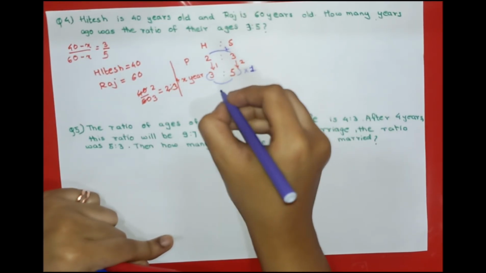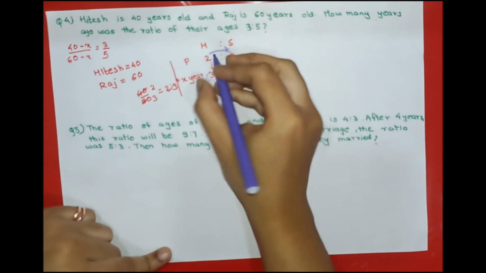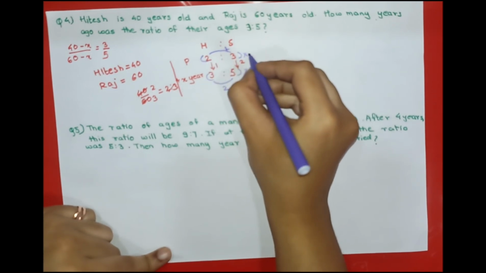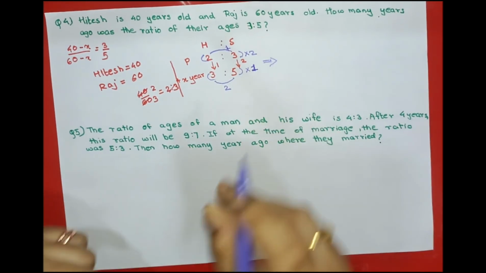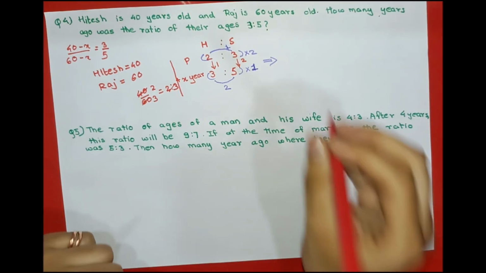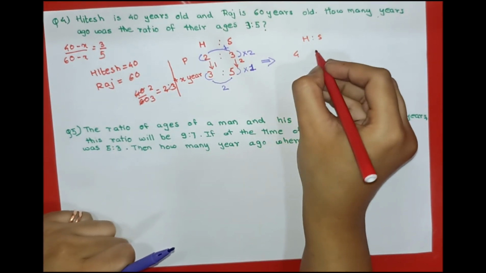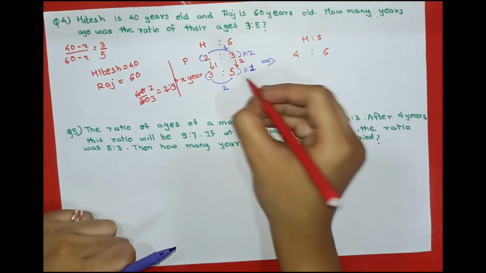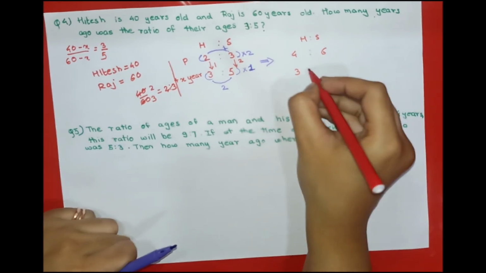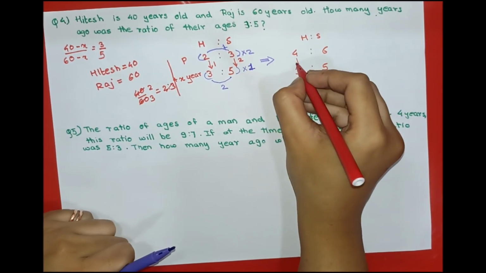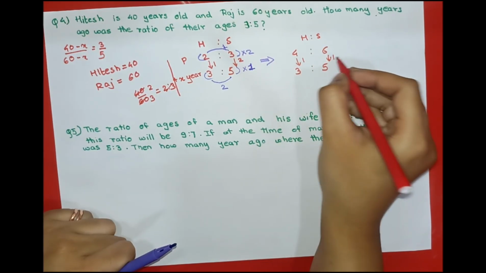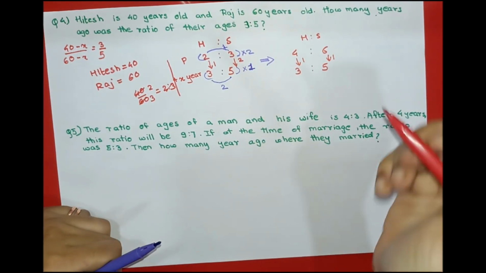And take the difference of these bottom terms and multiply it with these upper terms. So we get 2 fours are 8, 2 threes are 6, 1 three is 3, and 1 five is 5. Now check the difference. The difference is 1. So we can equate these terms.